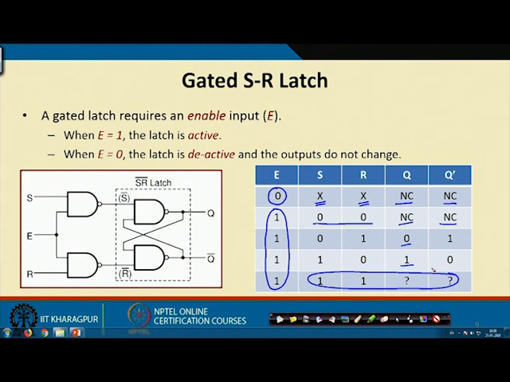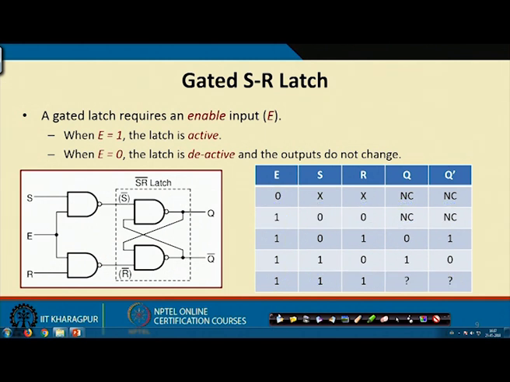Now, let us work out one combination, let us say enable is 1, the 4th row, S is 1, R is 0. This is a NAND gate, 1 and 1 will make it 0, 1 and 0 will make it 1, this 0 will make this output 1, 1 and 1 this gate will make the output 0. So, the output Q will be 1, 0, right.